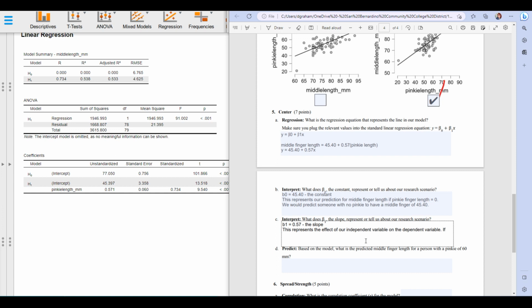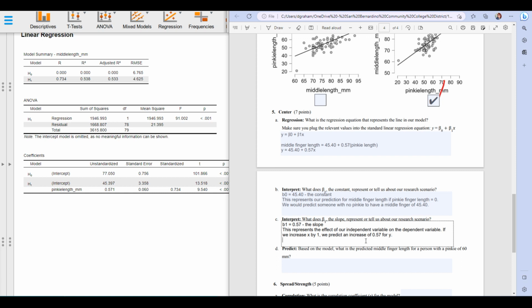So if we increase x by 1, we predict an increase of 0.57 for y.